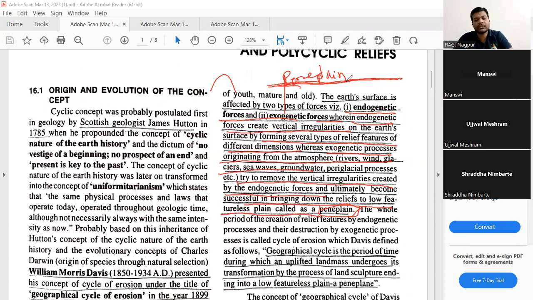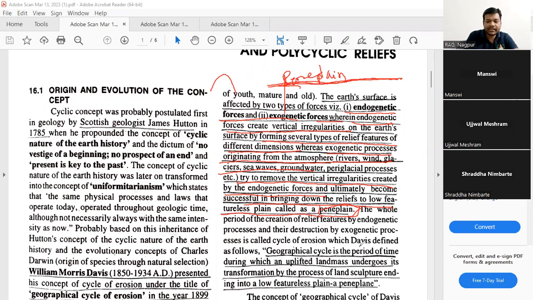The process of formation of a peneplane is called peneplanation. Peneplanation is nothing but the process of erosion, because the ultimate fate of any feature, any landform or any area is to become a peneplane.